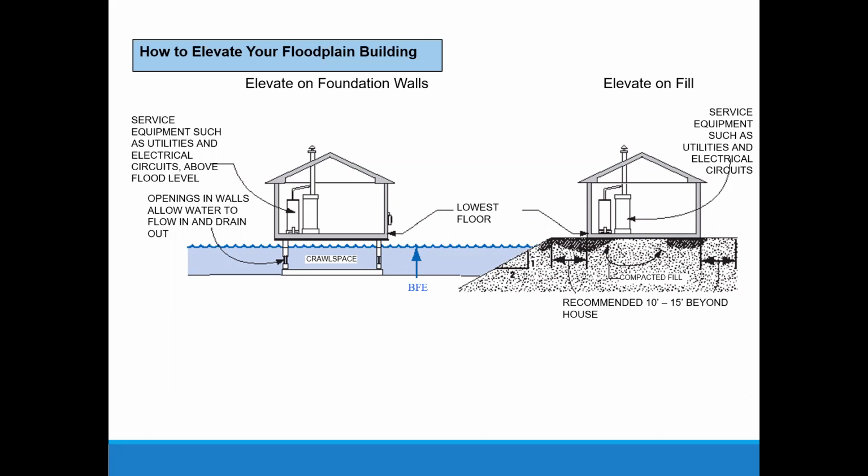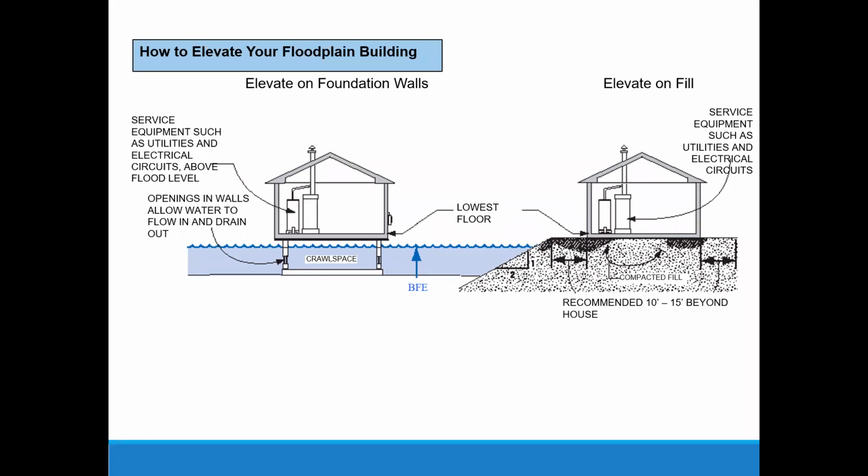Additionally, you'll see the service equipment inside these structures. The utilities and electrical circuits are also elevated above the base flood elevation. There has been a little bit of mixed messaging on that, but utilities and equipment are required at least to be at or above the base flood elevation, and communities are encouraged to, and they do adopt higher standards for that and typically adopt a foot of freeboard for those as well.